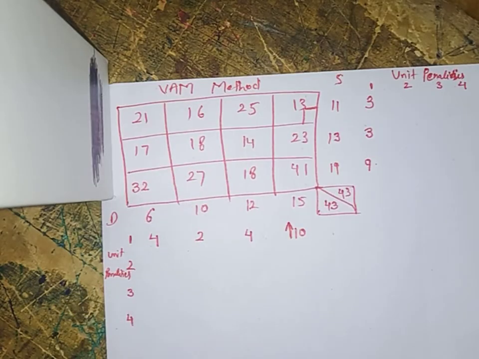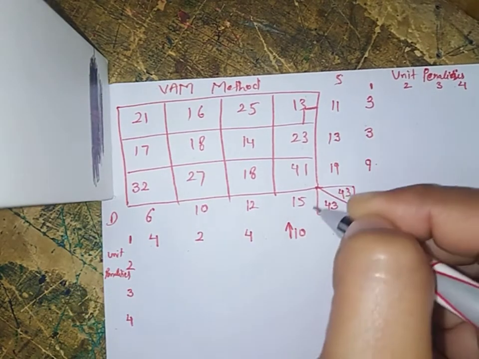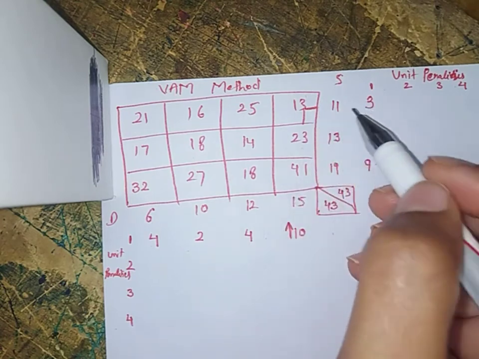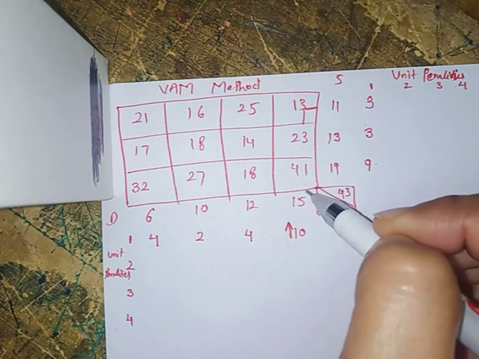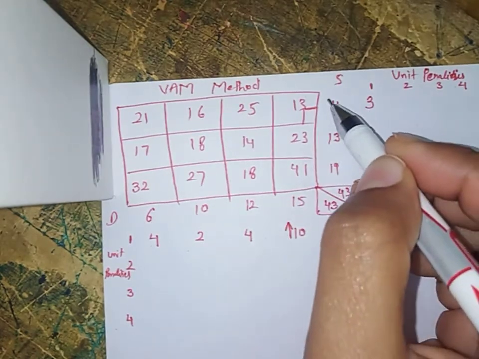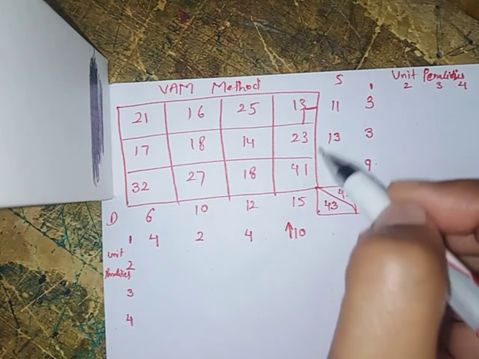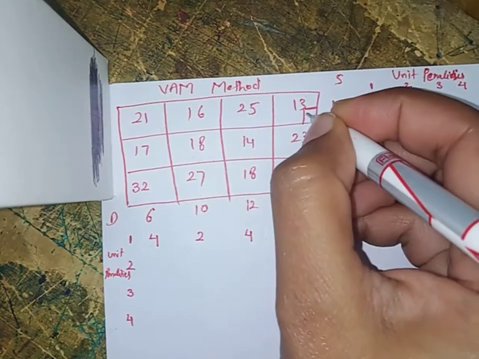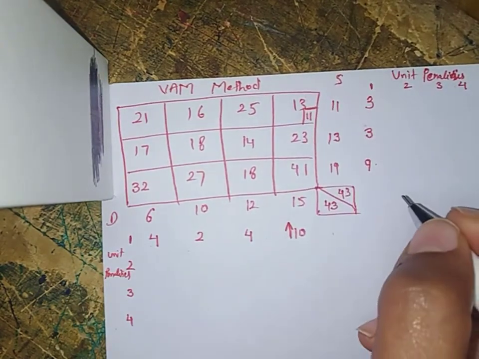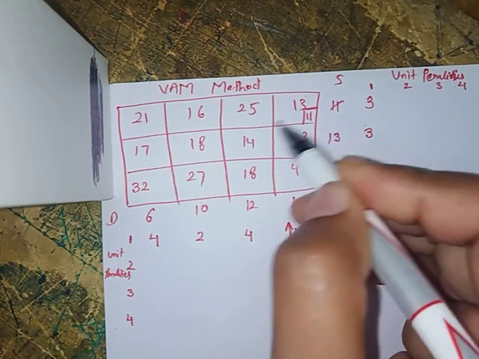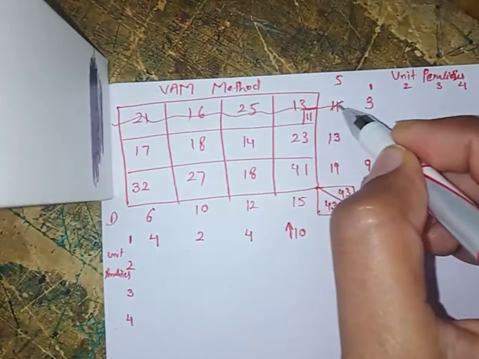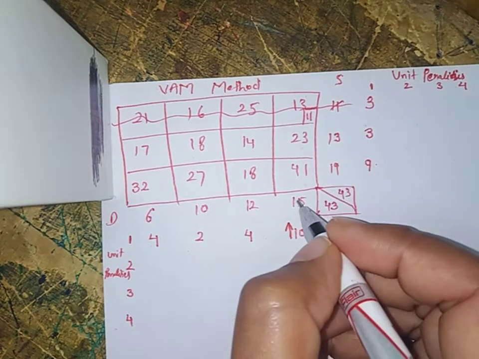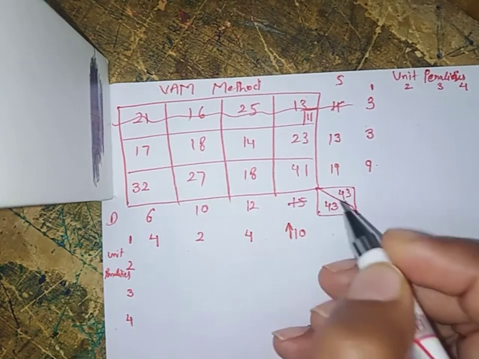Is it clear? So what will be the value of allotment? 15 demand, 11 supply, whichever is lower. 11 is fully satisfied, so cancel this row. What is the remaining value here?